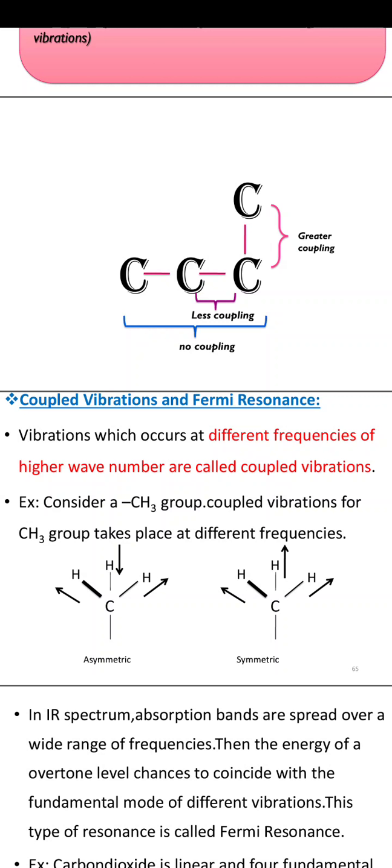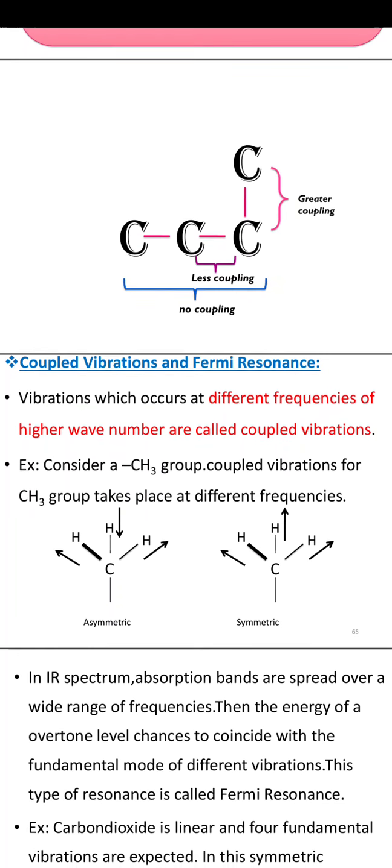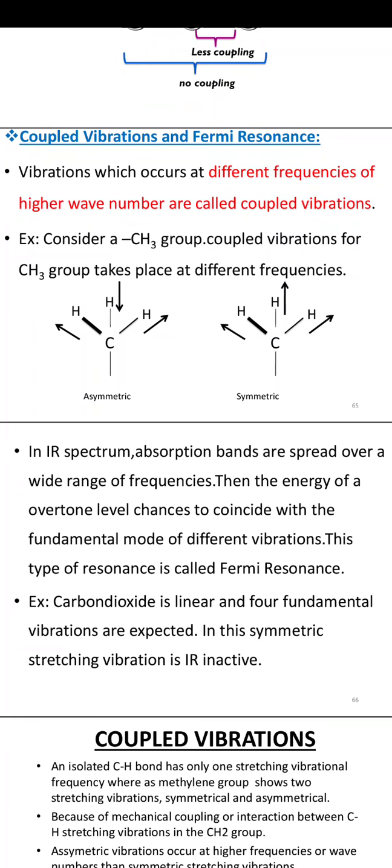CH3 group coupled vibrations take place at different frequencies, so they are spread all over the spectrum. Because of this, an overtone or combination tone combines with our fundamental vibration, and Fermi resonance occurs.